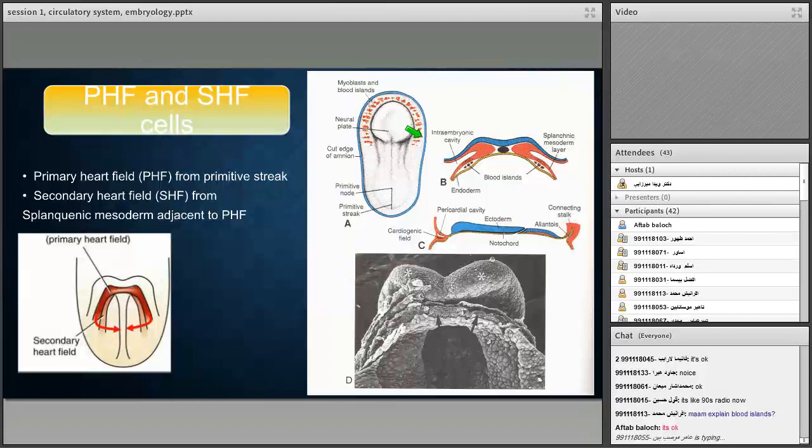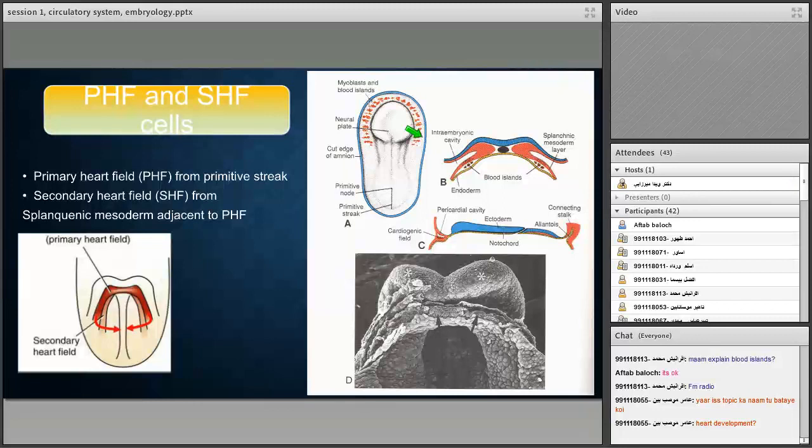So I said the outflow tract cells will migrate at first, and then the cells which have to make the other parts of the heart, the inflow part, will migrate.